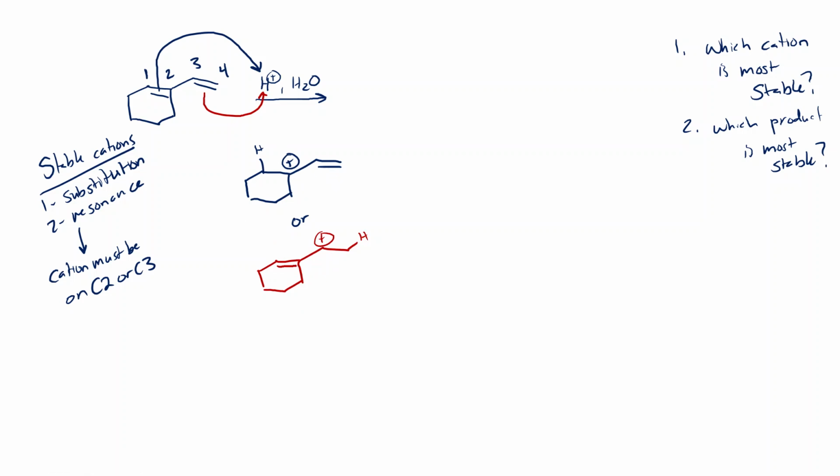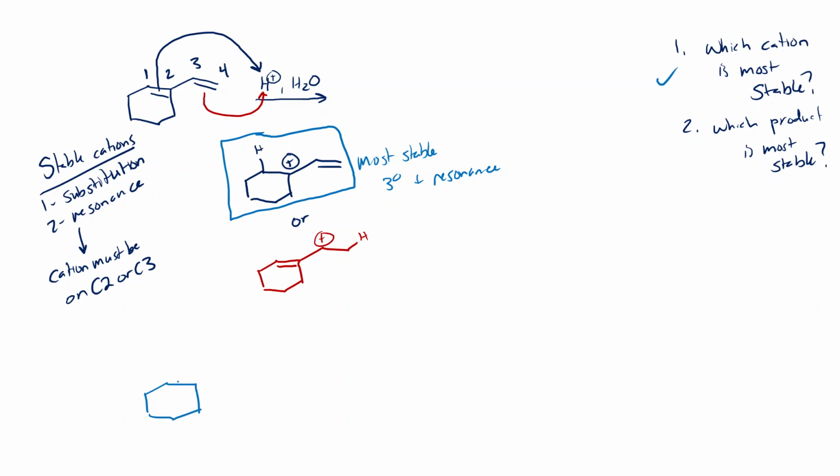Given that choice, substitution tells us which we should prefer, and we would note that this is the most stable cation. It's tertiary, plus it has resonance. All right, so we've answered question 1. What cation is the most stable? It's this one.